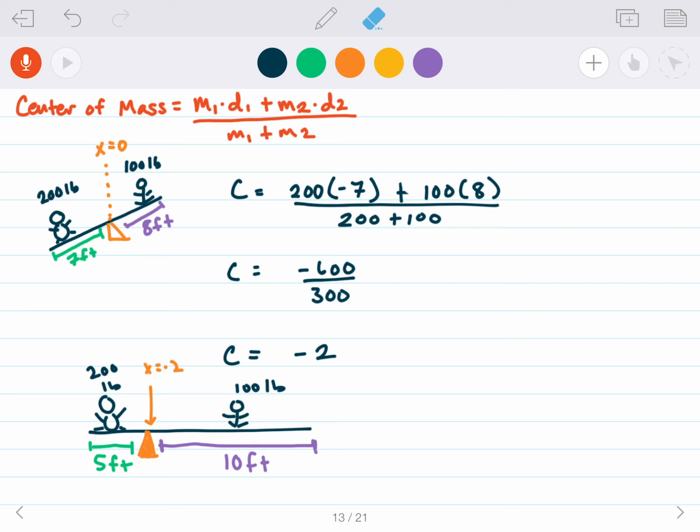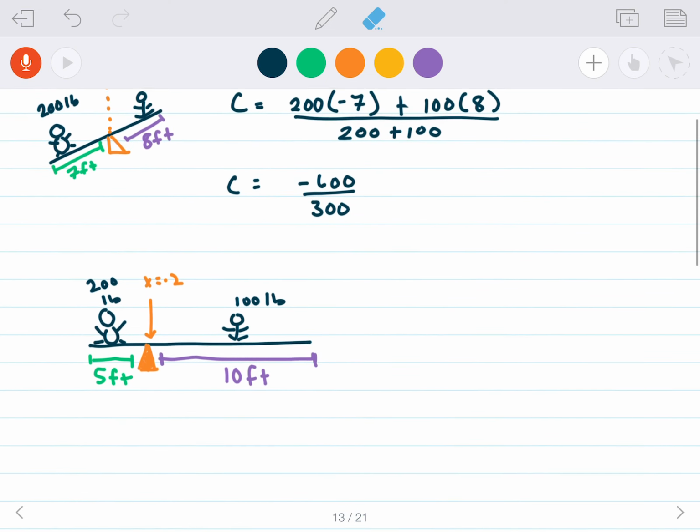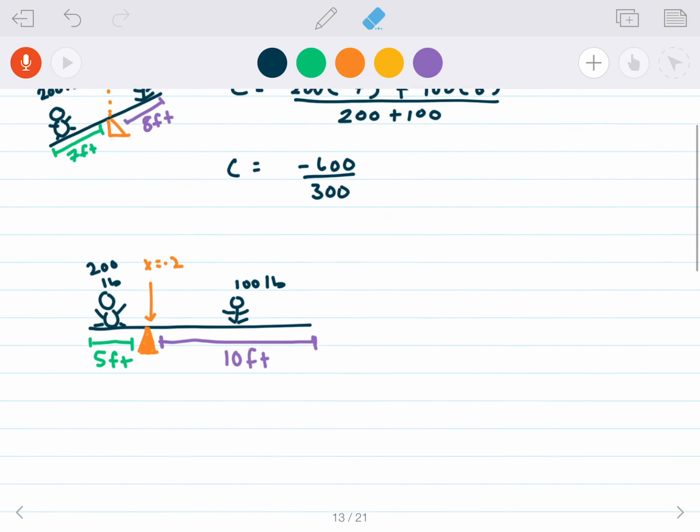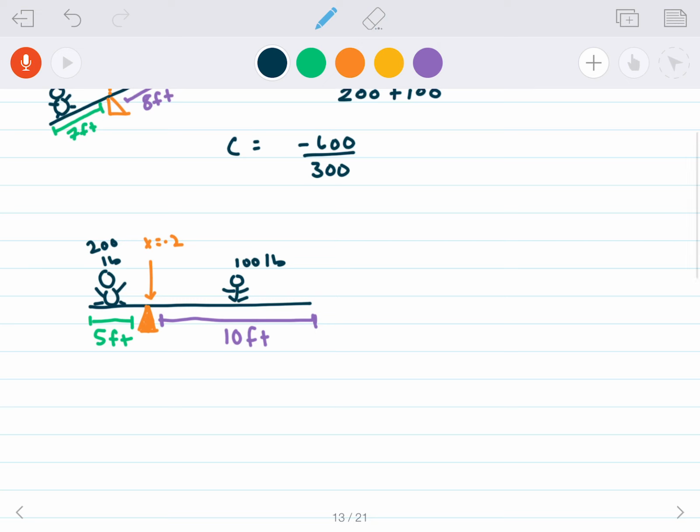And let's verify that this indeed is the center of mass. Remember, if the sum of the moments of the children equals 0, then the pivot point is in the right spot. So the sum of the moments, we have, again, mass times displacement.